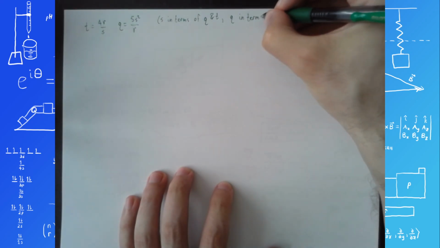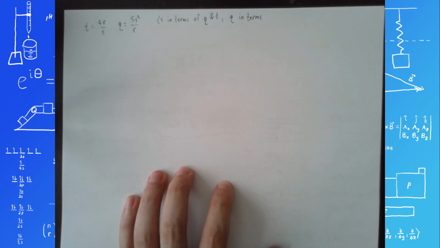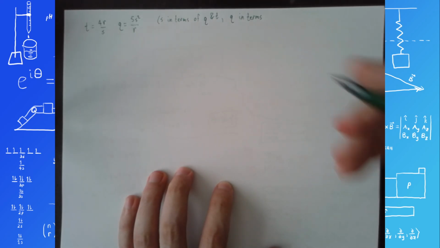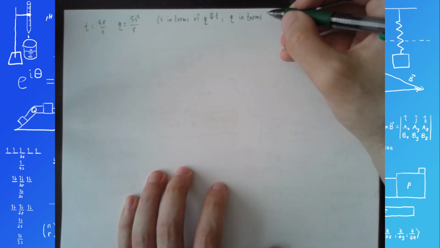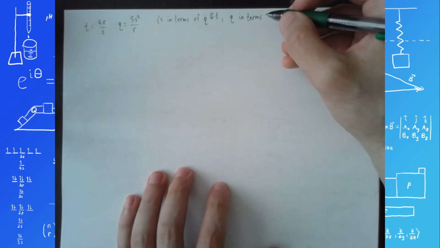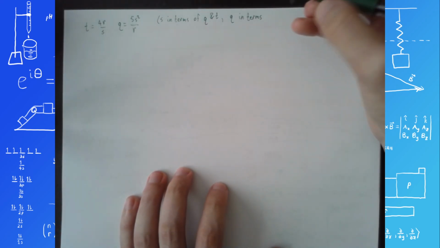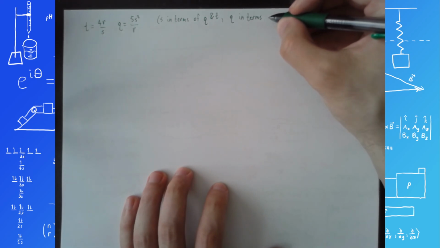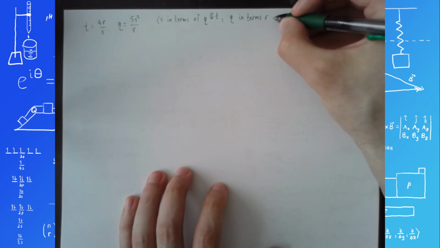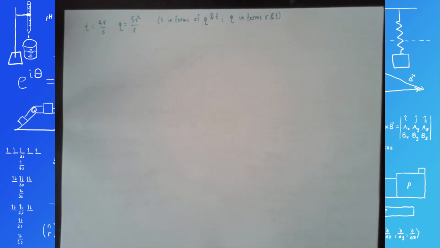So a lot of times you'll have problems, especially on the free response, although it does show up sometimes on the multiple choice, where you'll be asked to express one quantity in terms of other quantities. So this is something that you'll be expected to do in physics.